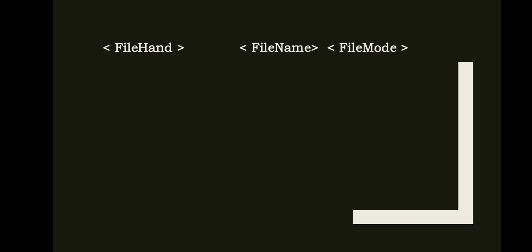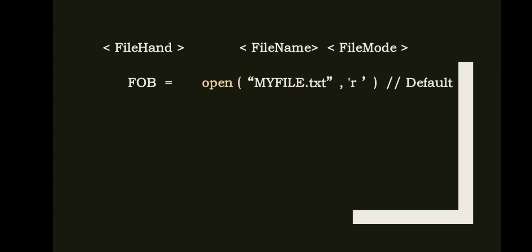The file is created by using the open function. If you see here, FOB is the name of the file handle or object. The open function makes use of myfile.txt, that means it's a text file, and R is the mode in which this file will be opened and used.